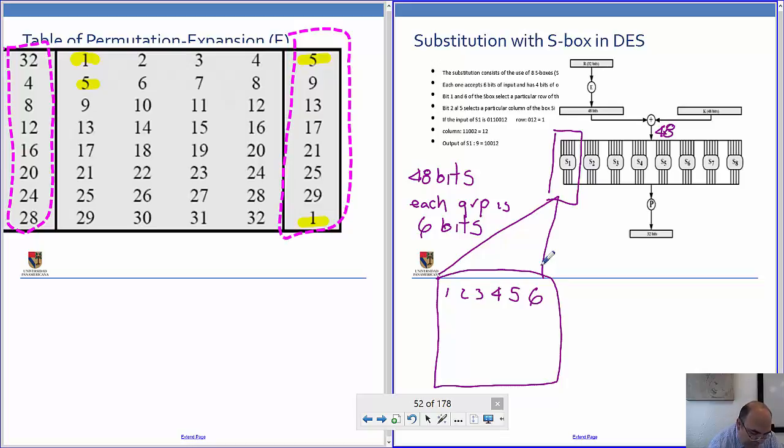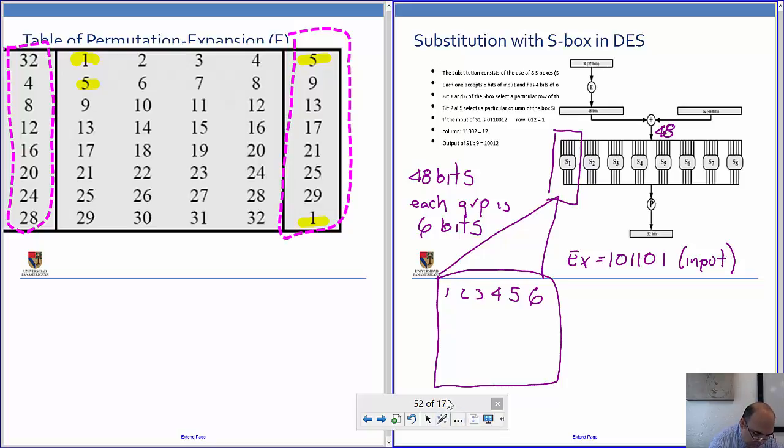Let's imagine these bits, for example, give me any binary number. Okay, 1 0 1 1 0 1. That's our input.